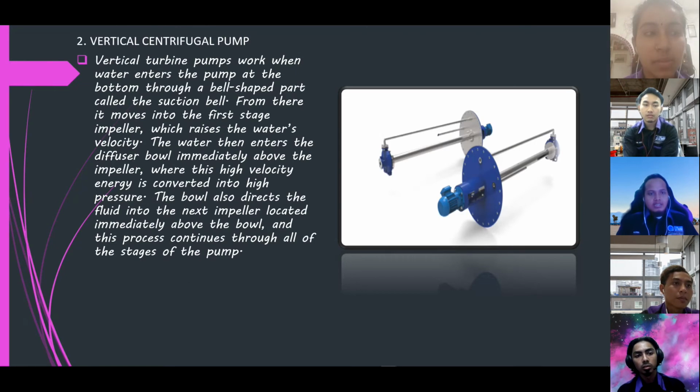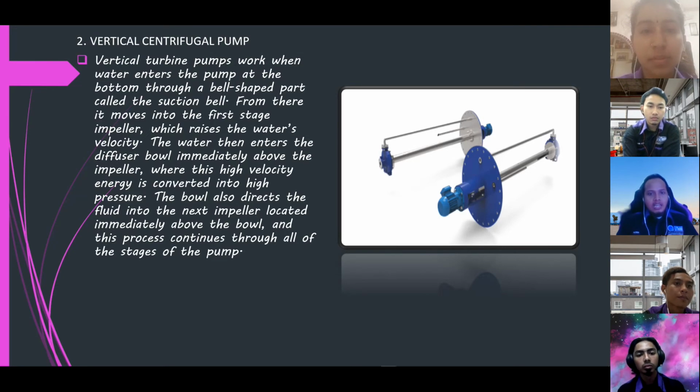The second one is the vertical centrifugal pump. A vertical turbine pump works when water enters the pump at the bottom through a bell-shaped part called the suction bell. From there, it moves into the first stage impeller, which raises the water velocity.